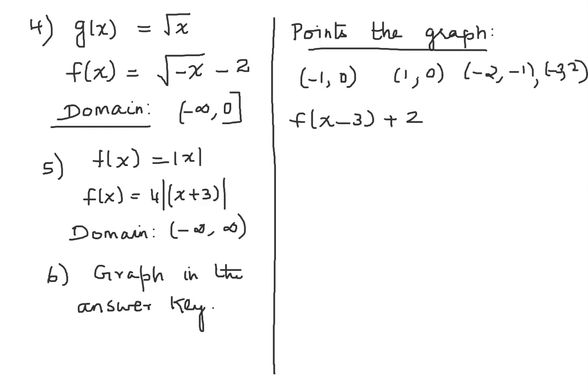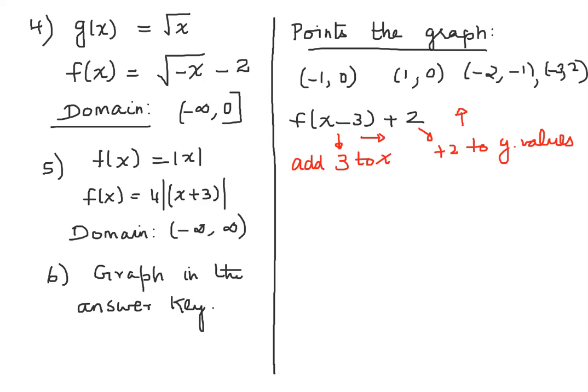This negative 3 means you have to add 3 to the x values, and 2 means plus 2 to y values. Because this means we are moving 2 units up, and this means we are going 3 units to the right.